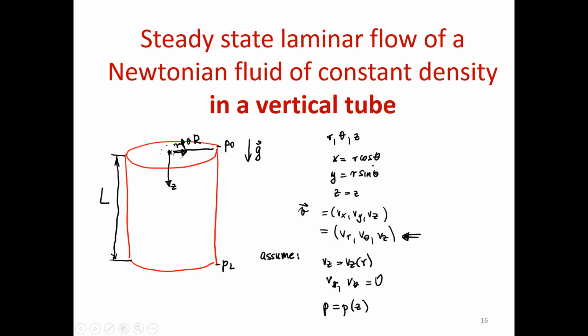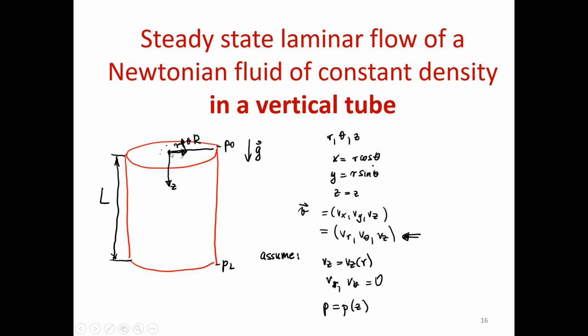So now I'm going to be in a cylindrical coordinate system. Nothing really changes as I rotate around because nothing really enters from the side of the tube. Therefore, I will not assume dependence on the angle theta in the cylindrical system at all.